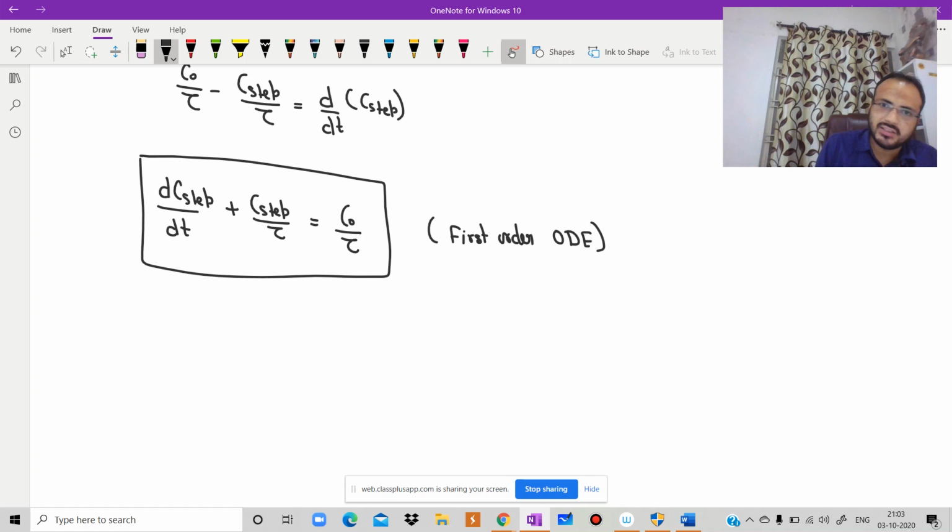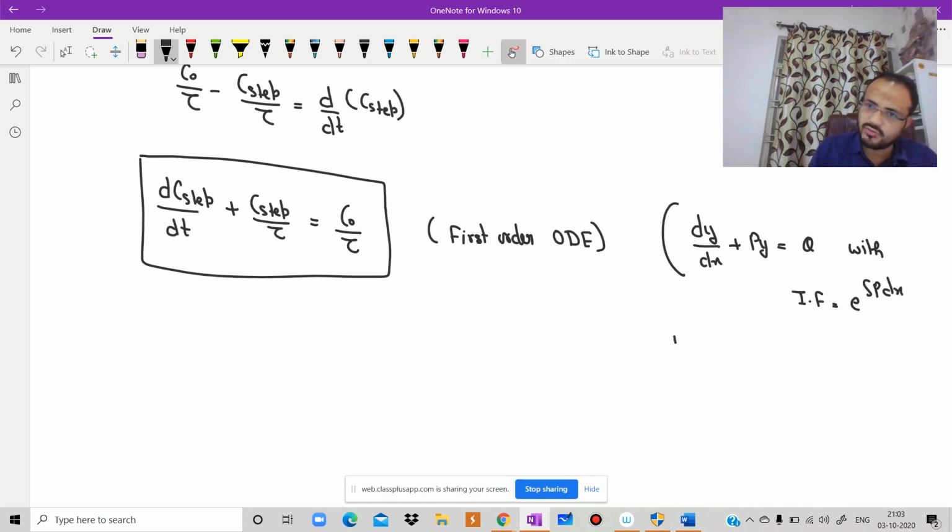Now you can compare with the standard equation, that is, our standard equation was dy by dx plus P into y is equal to Q, with integration factor e to the power integral of P dx. Yes or no? And what is the solution of this equation? y into integration factor is equal to integral of Q into integration factor dx plus c.